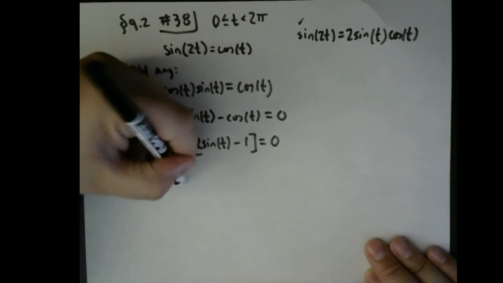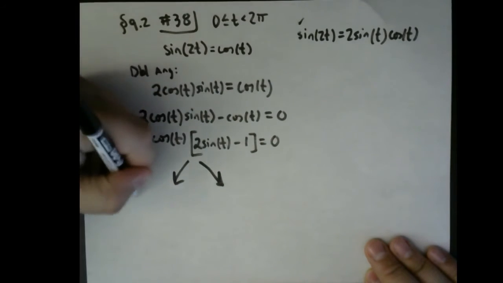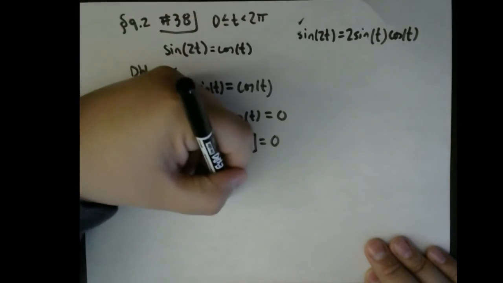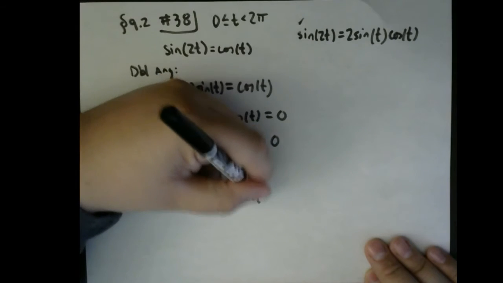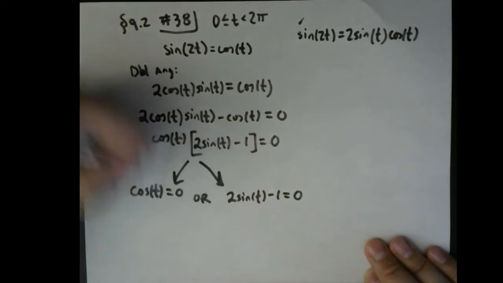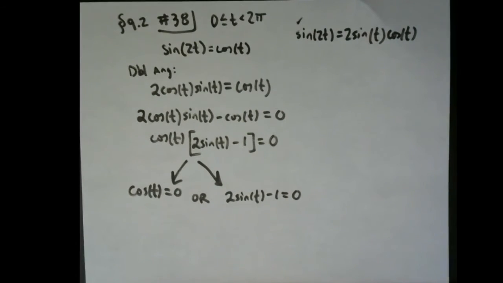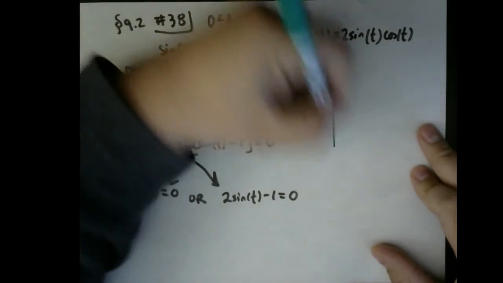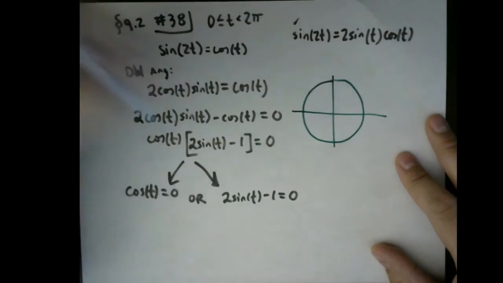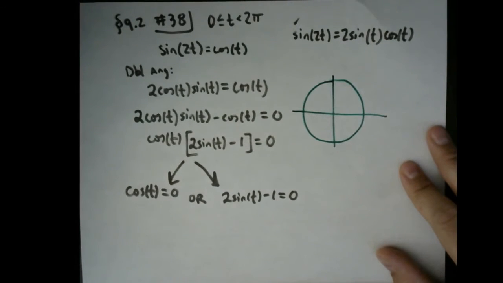So now we can apply the zero product property and say that this is cosine t equals 0, or it is 2 sine t minus 1 equals 0. And these two equations are solved in the usual way. So if I want to solve the first one, cosine t equals 0, I'm looking at a unit circle, and I'm looking at places where the cosine, or the x value, is 0.